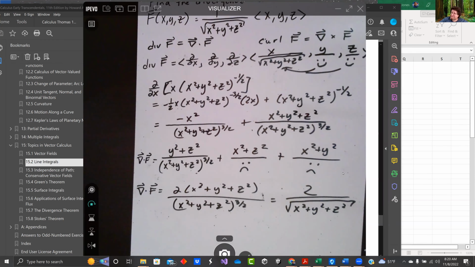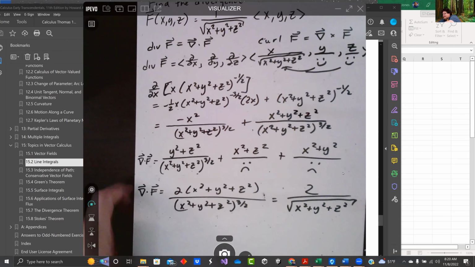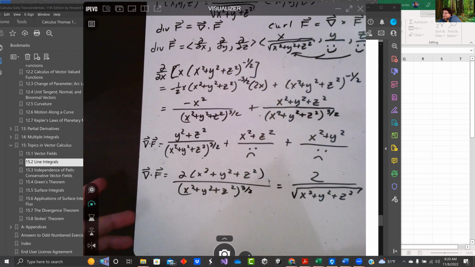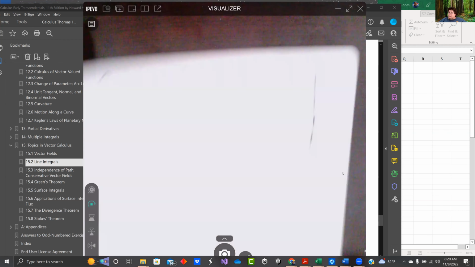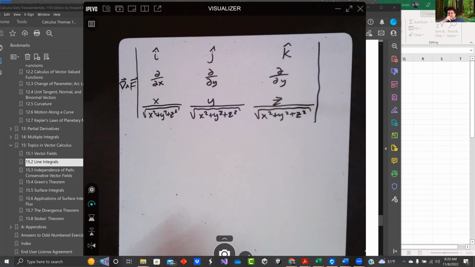Curl of f. All right. So I got my curl of f ready to go, I wrote out the matrix while I left that up for you guys. That's a z.